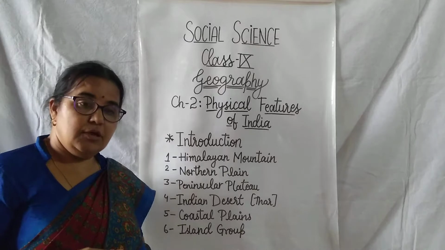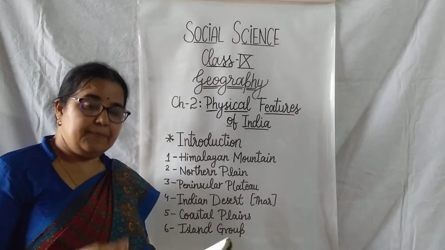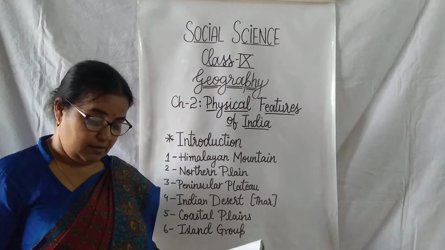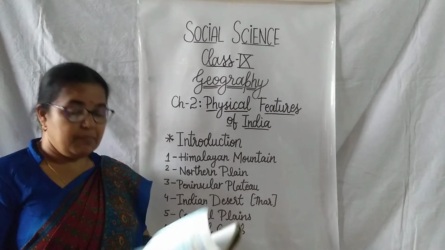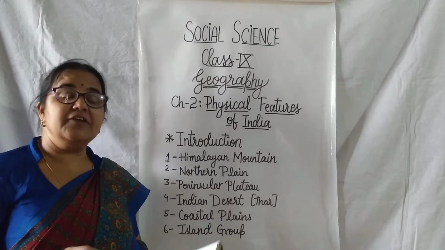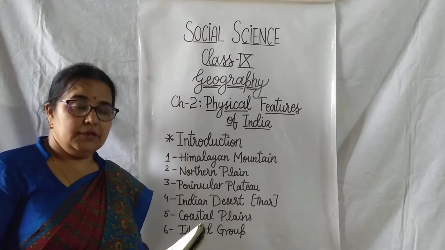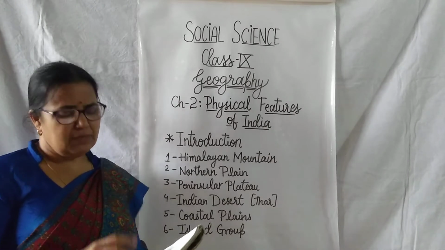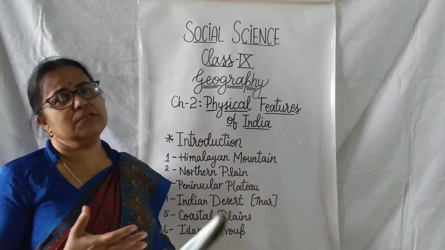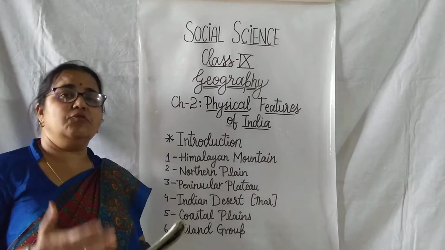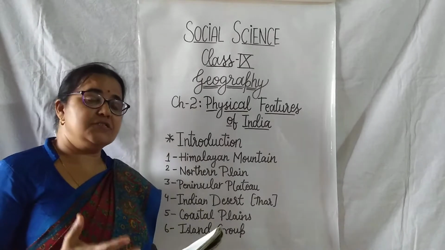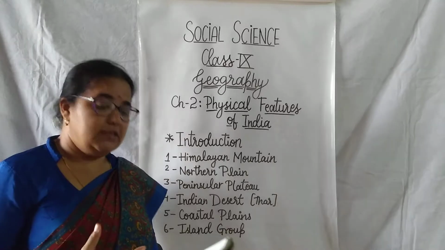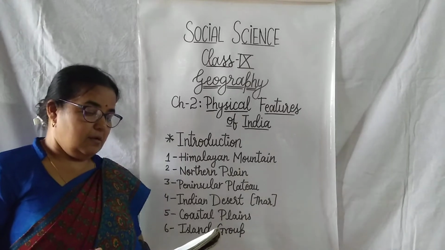So in this particular chapter, the first and second pages, that is page numbers 7 and 8, each and every line is very important. So read it very carefully, because in these lines you can see what the reasons are that these features are made, and what the process of making all these features is.